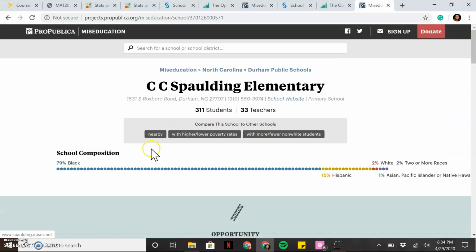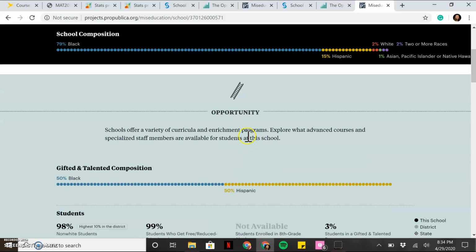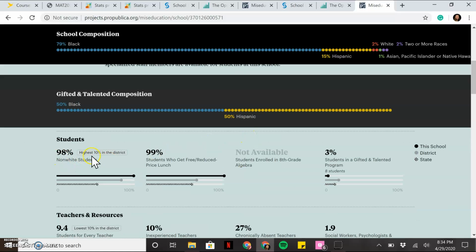And then if you go to this website again, you see that this one has 79% Black students and 15% Hispanic students. So the population of Black students is quite high. You can see here 95% are non-white, and then 99% on free and reduced lunch, which, again, is not surprising because it's coming from a lower income area, 21K per household.